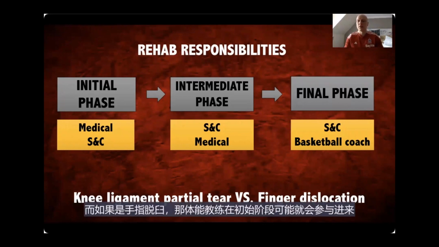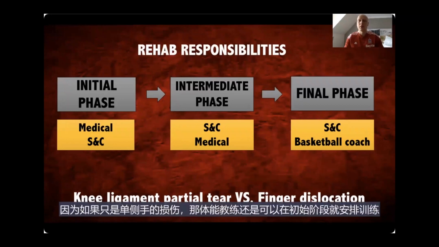While if the finger gets dislocated, maybe in the initial phase of rehab the medical and strength and conditioning departments will work together, because if only one finger on the hand is dislocated, the strength and conditioning coach can do a lot immediately.